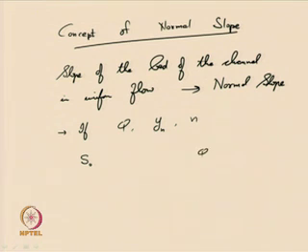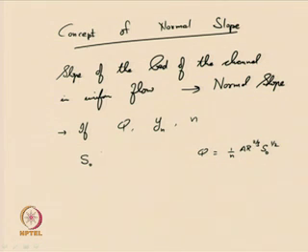You see, Q is equal to 1 by n A R to the power of 2 by 3 S naught to the power of half for uniform flow. If the depth and the cross sectional details are given, then these quantities A and R are available to you.